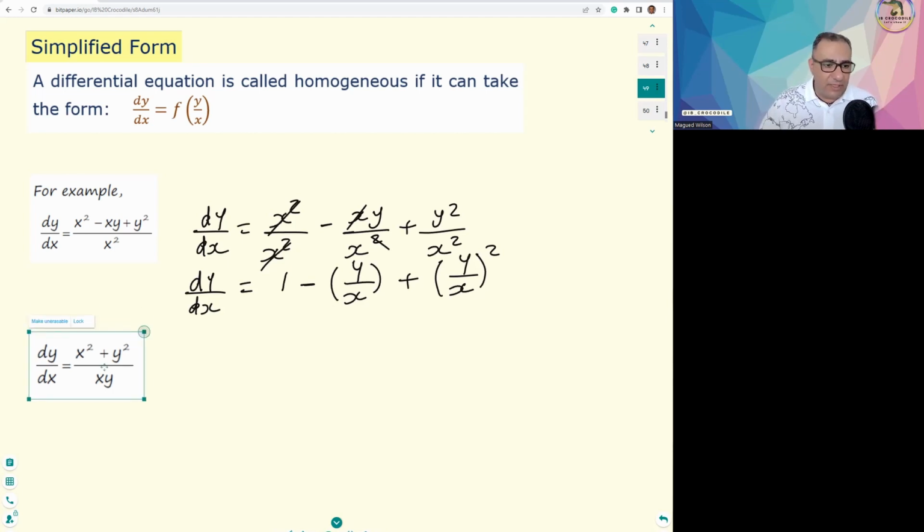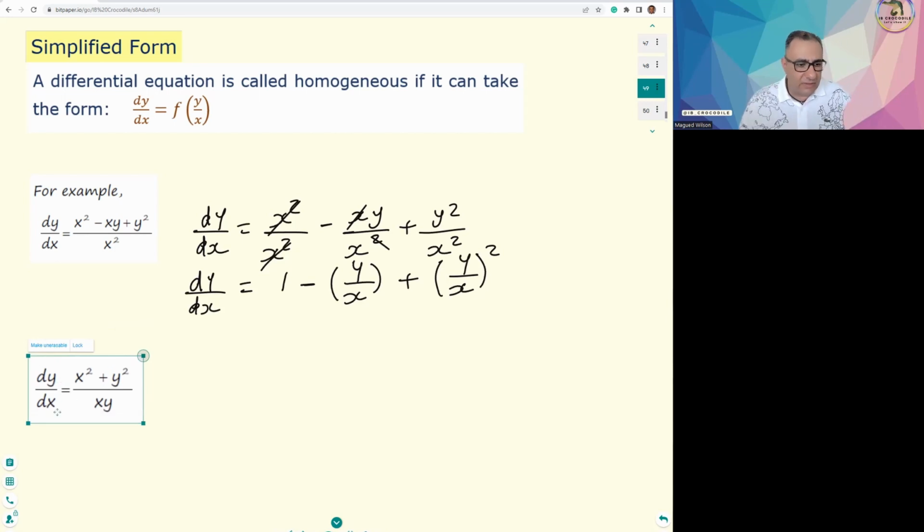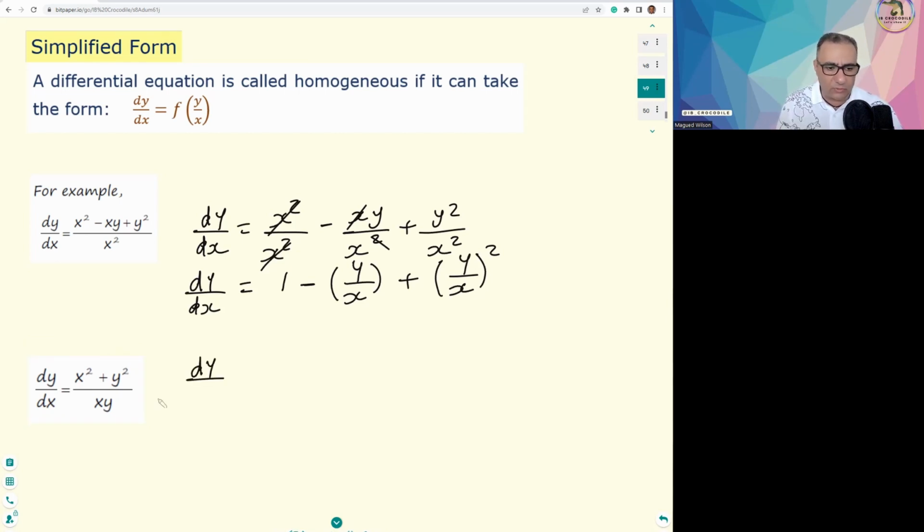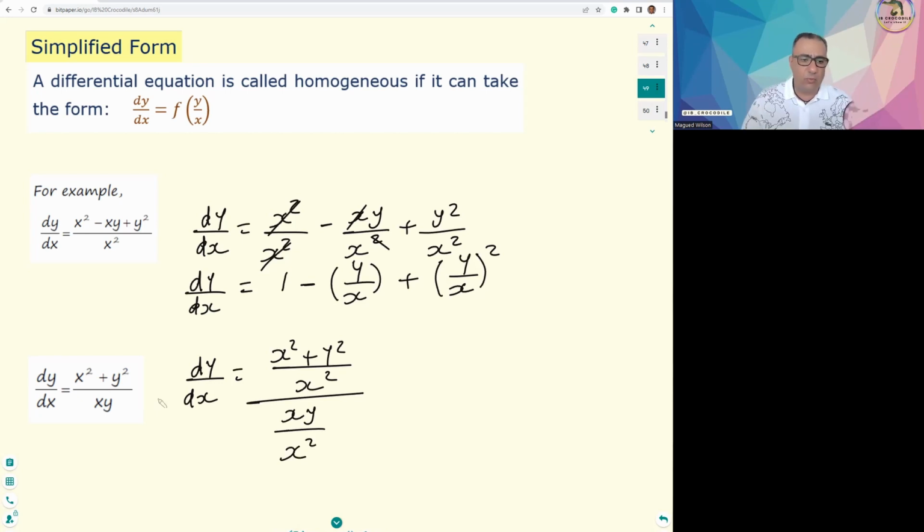Now, the second example here, we have dy by dx is equal to x squared plus y squared over xy. Allow me to divide both numerator and denominator by x squared, just as an algebraic manipulation here. So I will divide x squared plus y squared over x squared, and then divide xy over x squared. You can divide both numerator and denominator by the same term. That's fine.